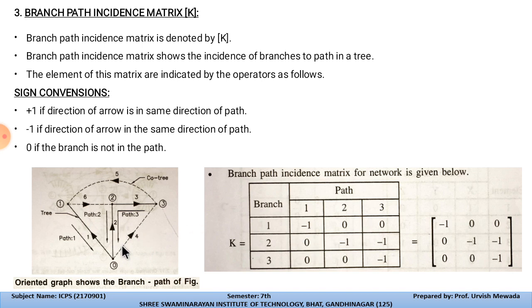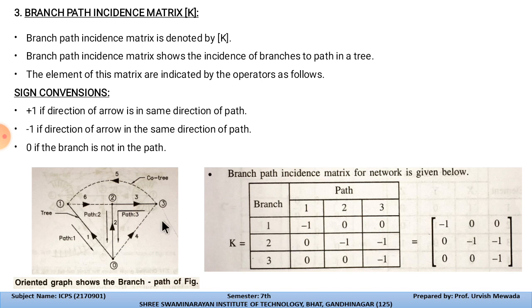Now this is the direction of the path, so both are in the opposite direction, so it is taken as minus. Now this is number 3, so again both are in the opposite direction. Over here this is the arrow marked, both are in the opposite direction, that's why it is taken as minus 1.